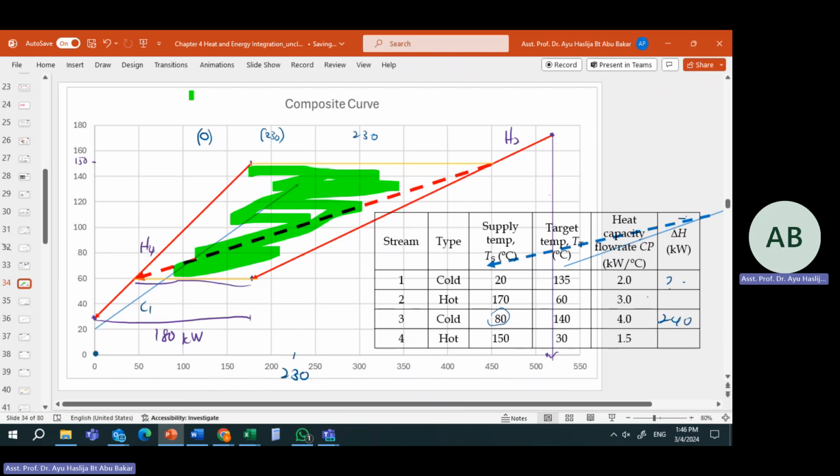Delta H is 240. So 230 add 240. What's the final value? Correct, 470. Roughly here. 470.